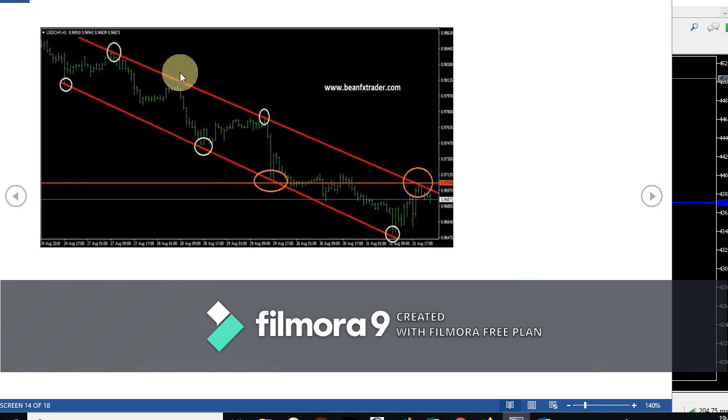Now, this illustration shows the USD CHF 1-hour chart where price is ranging downwards. Price moves steadily and drops steadily, forming lower lows, lower high, lower low, lower high.